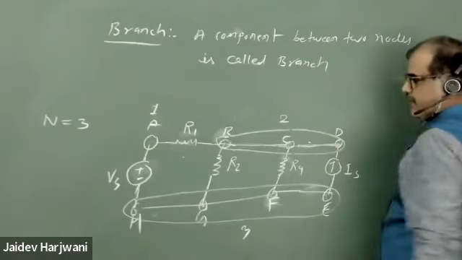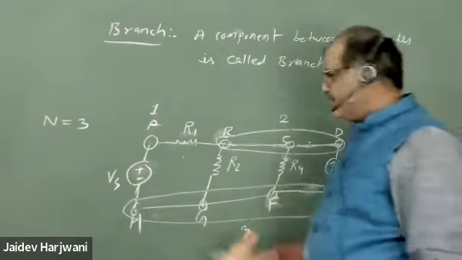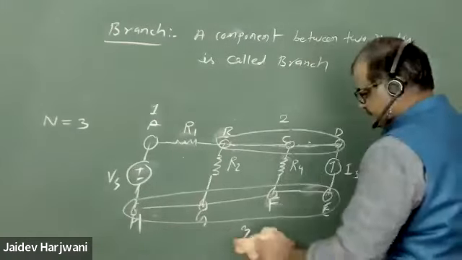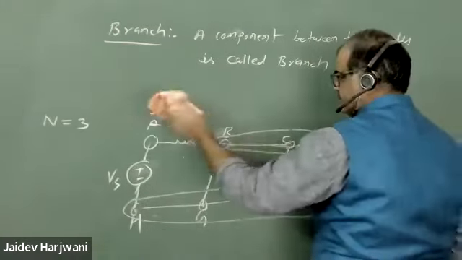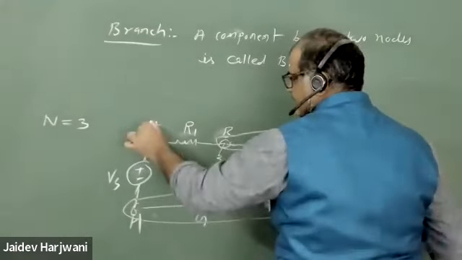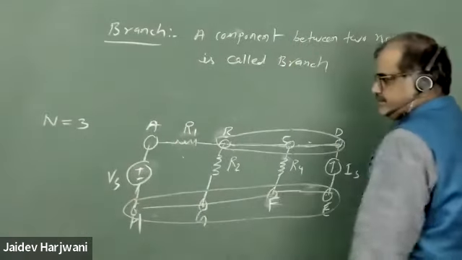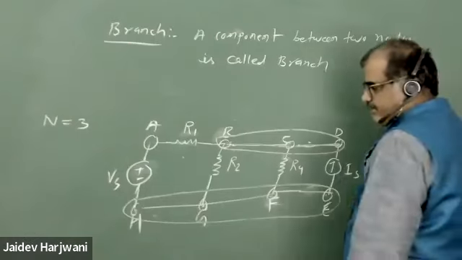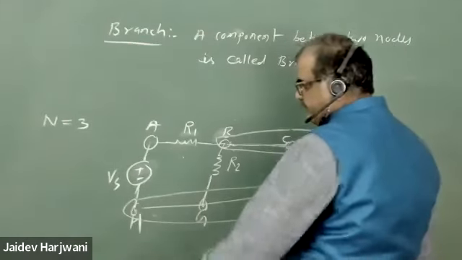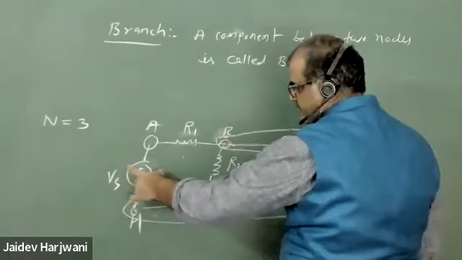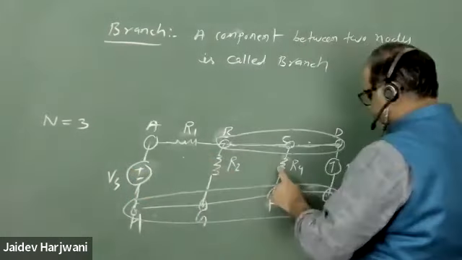Can you count how many branches are in the circuit? How many components are there in the circuit? Any path or any component between two nodes. So this node, one component: 1, 2, 3, 4, 5.